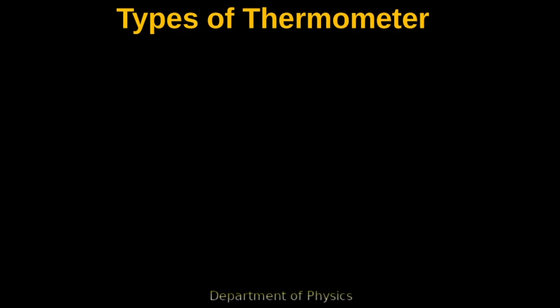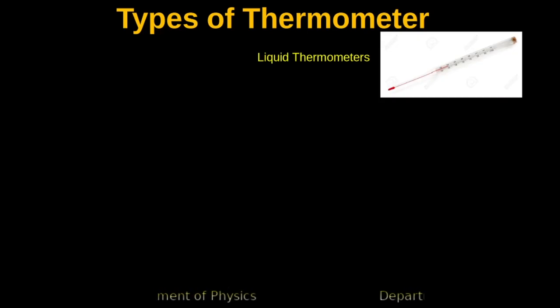There are different types of thermometers. First is the liquid thermometer. These thermometers are based on the principle of change in volume of a liquid with a change in temperature. Mercury and alcohol thermometers are based on this principle.